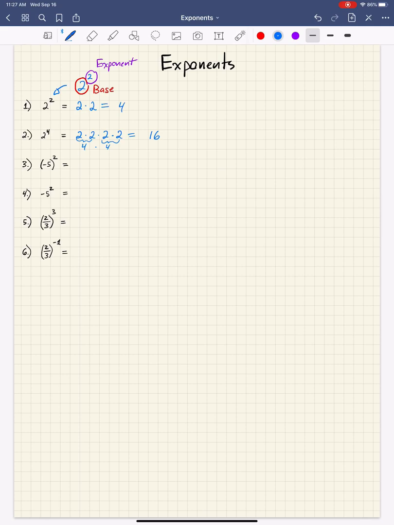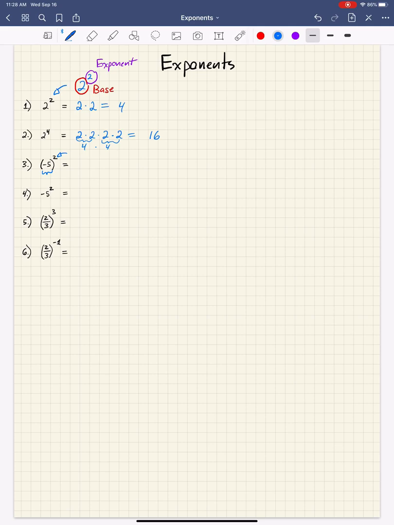Now, if you have a negative number, and that negative number is the whole thing with the negative sign inside parentheses, and the parentheses is raised to a power, everything inside the parentheses, like this negative 5, that whole thing is going to be multiplied by itself however many times the exponent tells you to multiply.